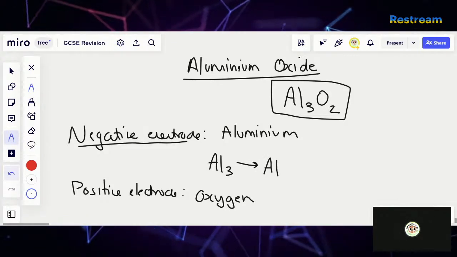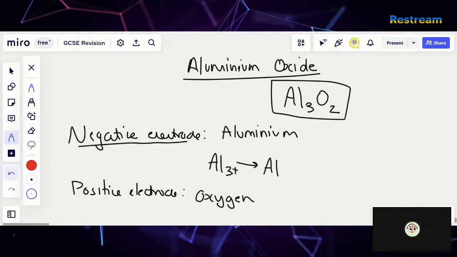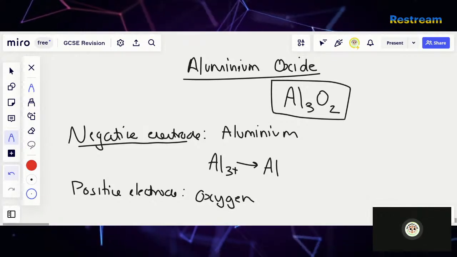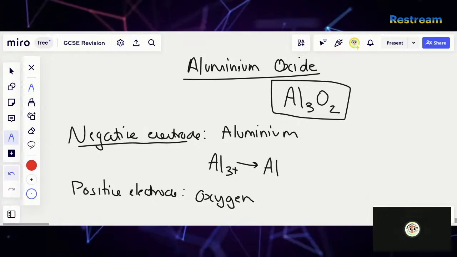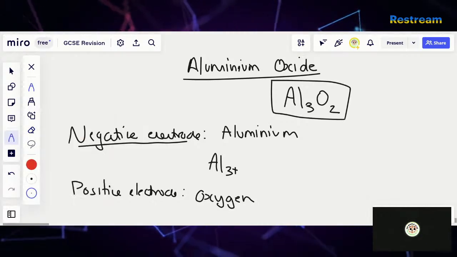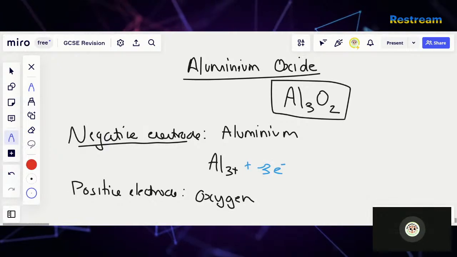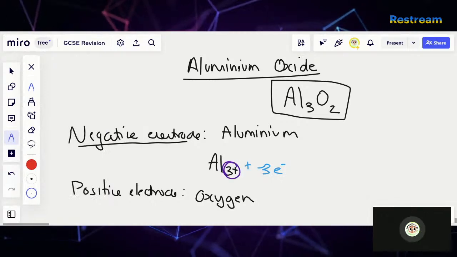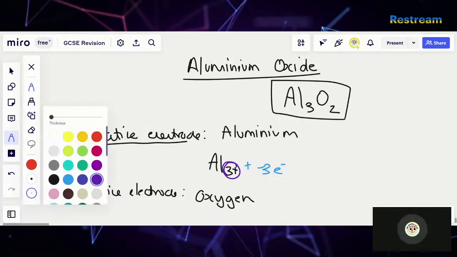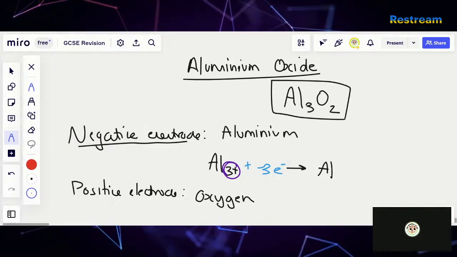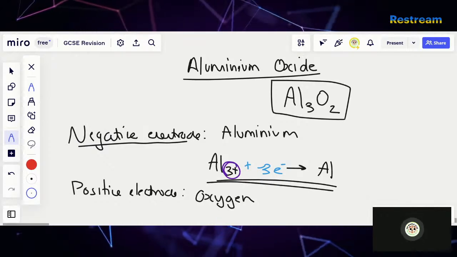Al3+ means that we need 3 electrons for aluminium. To get that, you have to do this equation: Al3+ plus 3e-, because you're adding the electrons, and when you add 3 electrons to something that is short of 3 electrons, you then just get the pure metal. So that would be the equation at the negative electrode.